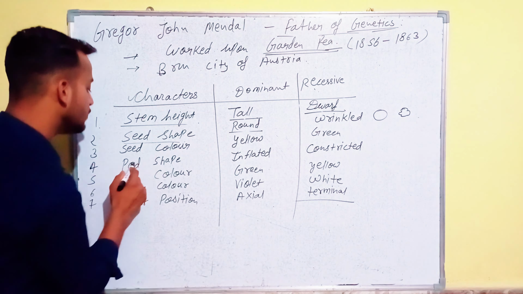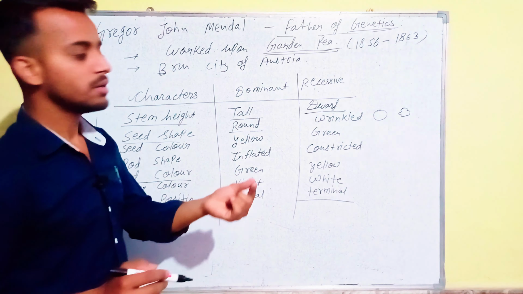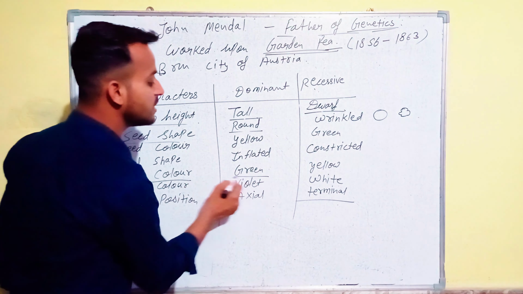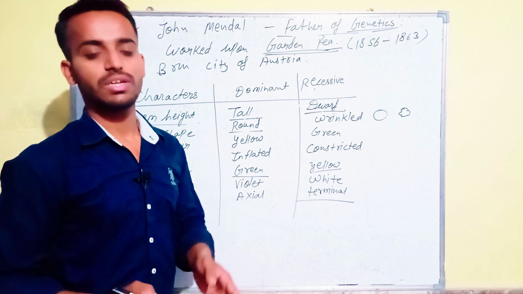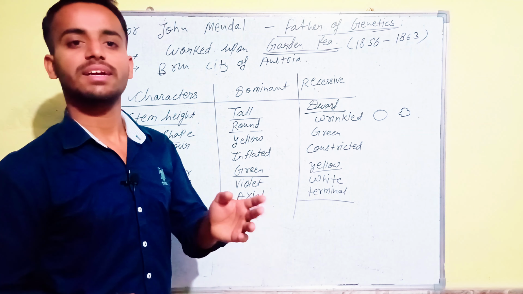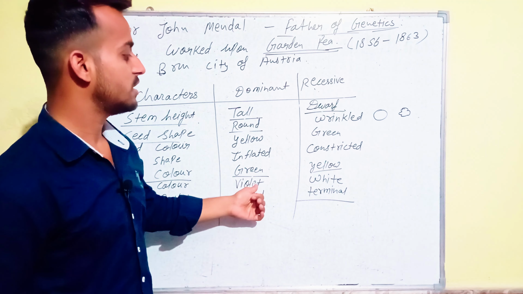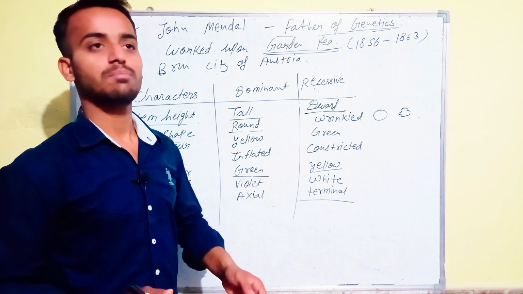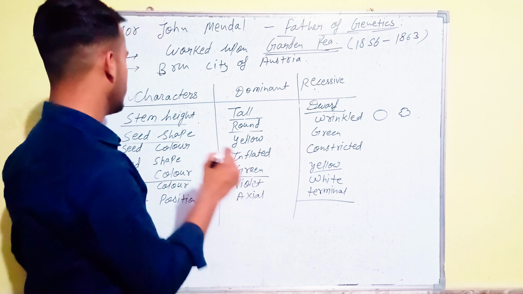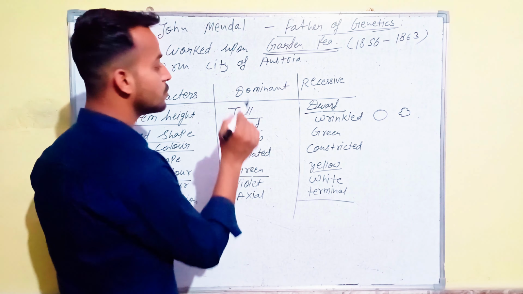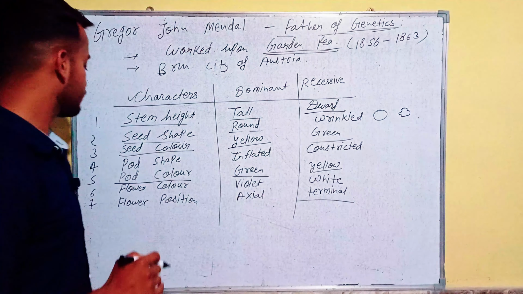And if we talk about pod color, a pod of a plant has color green and yellow. We know that green vegetables and their pods are greenish in color, and when they become mature, they turn yellow. But in the seed color, dominant color is yellow and the recessive color is green.